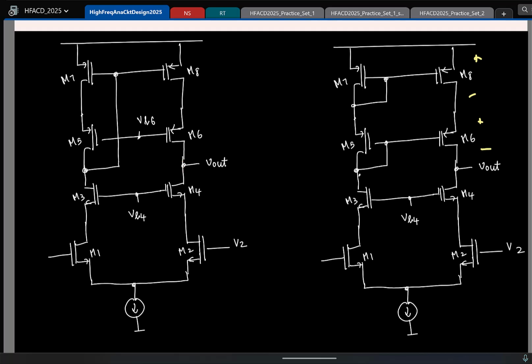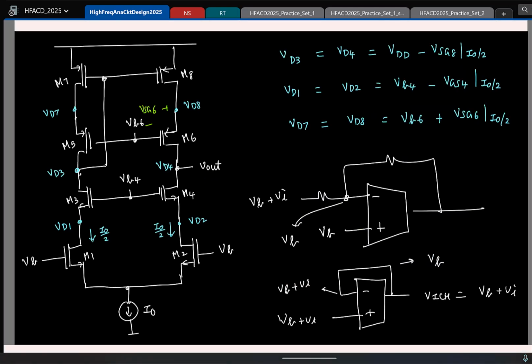Operating point is fixed, but when we are talking about the output swings, the assumption is we are putting this in negative feedback. Let us say you put in negative feedback, then the voltage will be different from the operating point. Now the operating point is set by what bias voltages you use, and that is why you are trying to see what is the maximum you can have at the Vout, minimum you can have at the Vout. Is that clear?